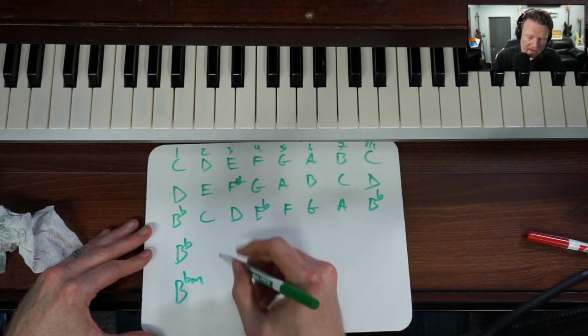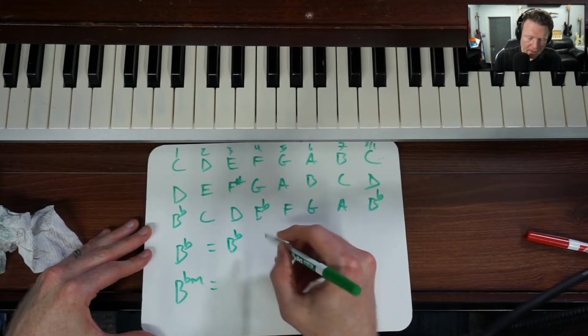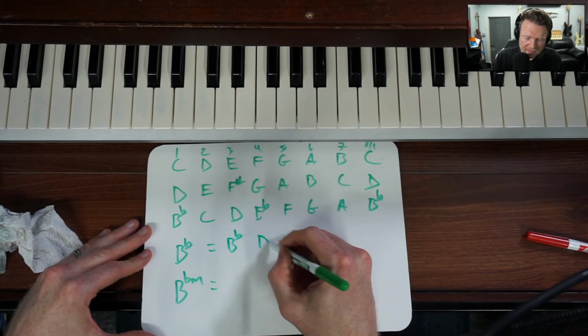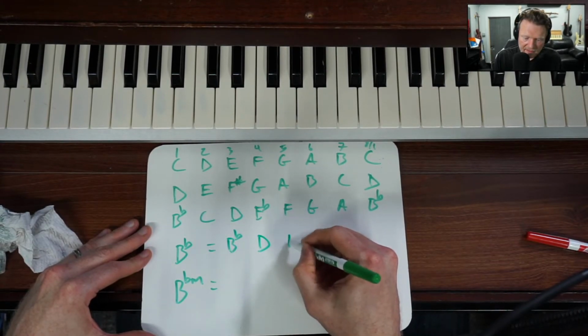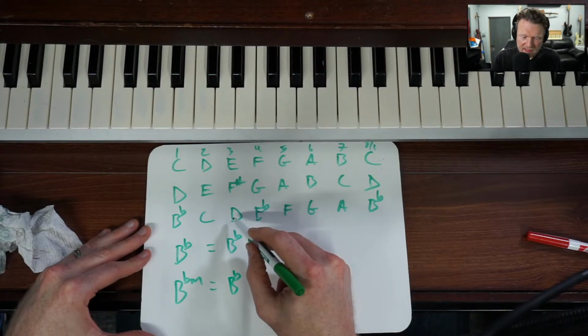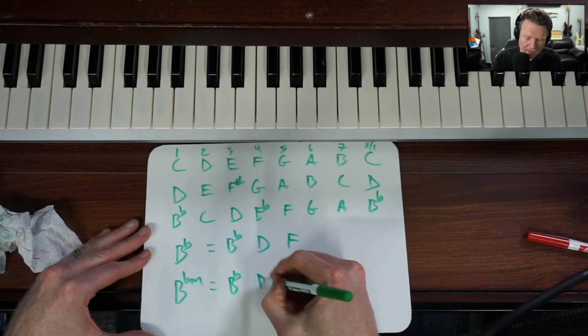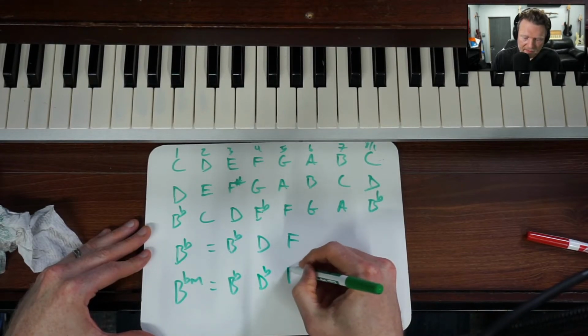Our 1, 3, 5. We've got the B flat, 3 is going to be D, 5 is going to be F. On the minor, we've got B flat, the 3 is going to be D flat, and then again, F the same.